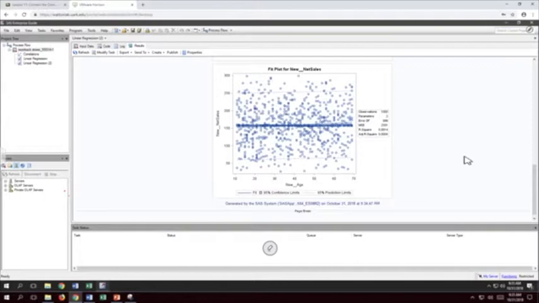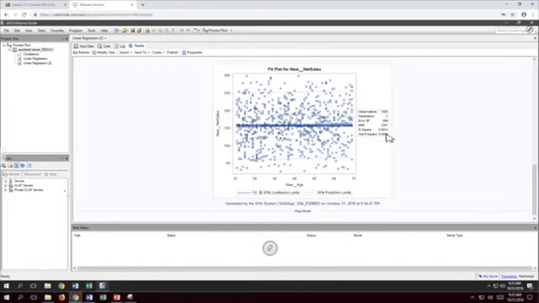So for age here, we've got our best fit line, that confidence interval, the prediction. I mean, we're just all over the place here. Right, we have an R square. Okay, so this doesn't give us the correlation. This gives us the R square. But still, we're predicting nothing.